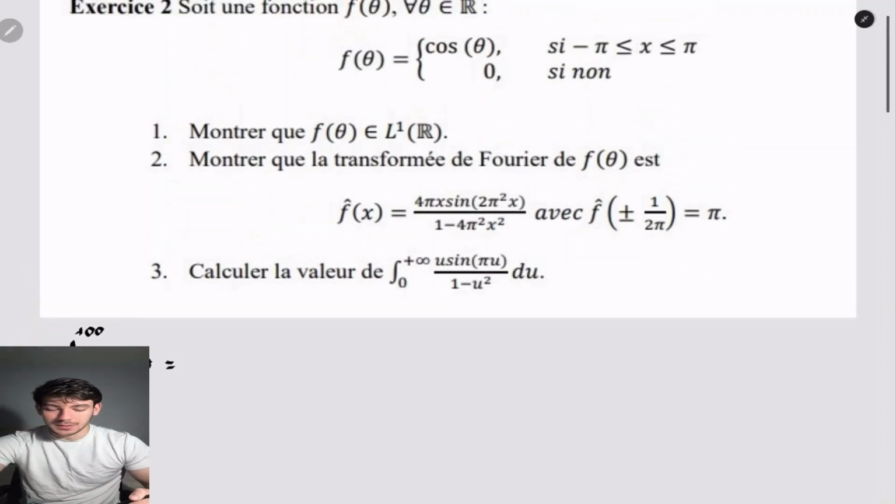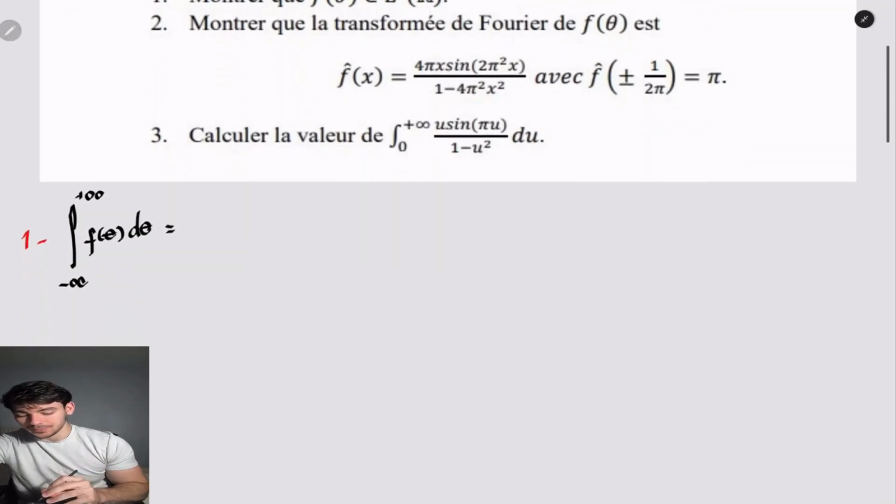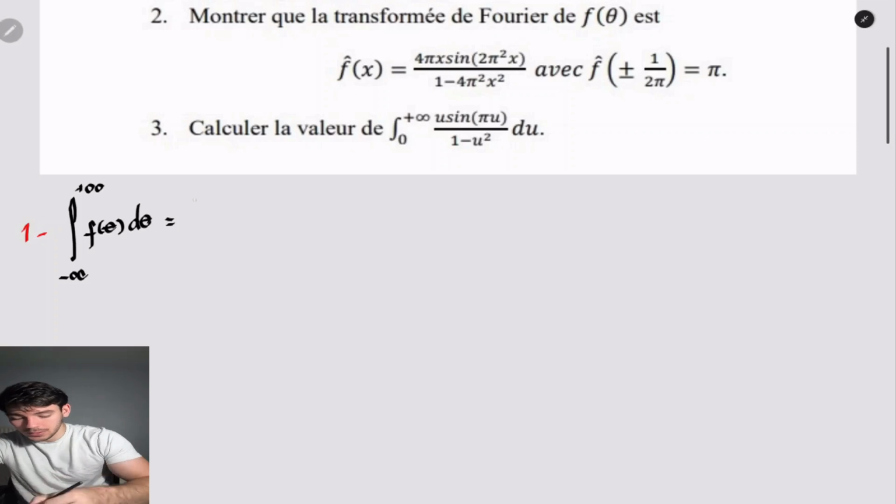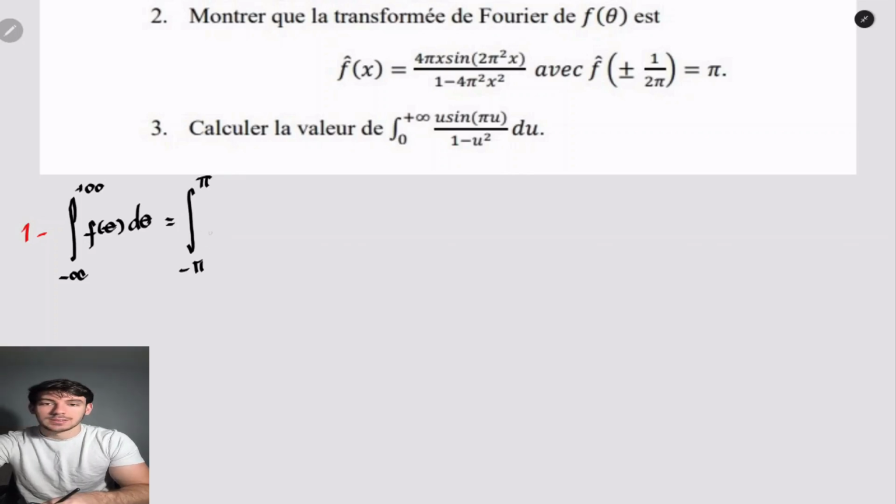Since the function is 0 outside the interval of minus pi to pi, this integral is equal to this integral here. And inside this interval, our function is cosine of theta.